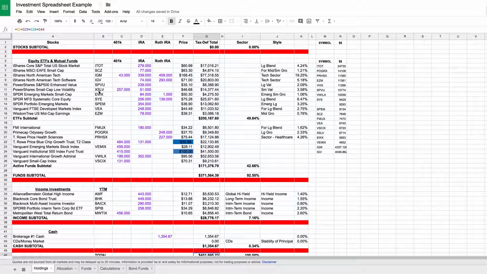I don't necessarily hold all these funds, and this is certainly not my 401k, IRA, or Roth, but I did want to demonstrate how the spreadsheet was designed. And you can certainly take it and do what you will with it. Just trying to help other people who want to get a better handle on their money. Maybe have one tool at their disposal that can hopefully point them in the right direction.